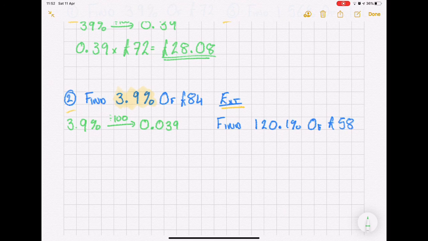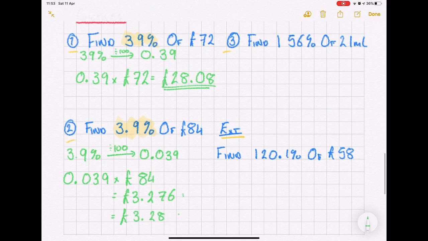We take our multiplier and times that by our amount, and that will give us £3.276. Now obviously you can round that up to £3.28. Either answer is fine.